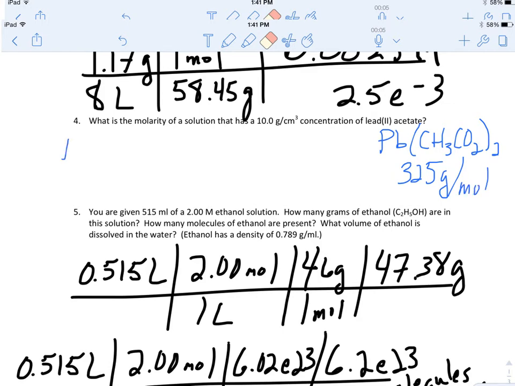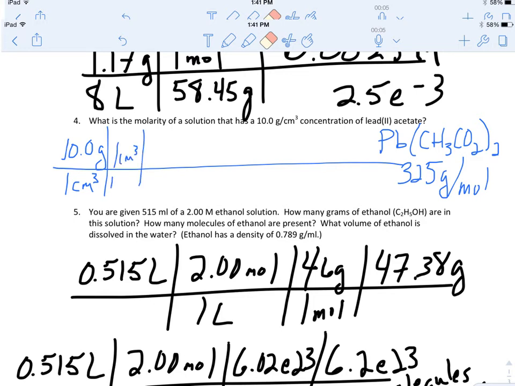Then if you just start over here with your mass over volume, 10 grams over 1 centimeter cubed. 1 centimeter cubed is 1 milliliter. And since we want it to be a molarity, we need the volume to be in liters.